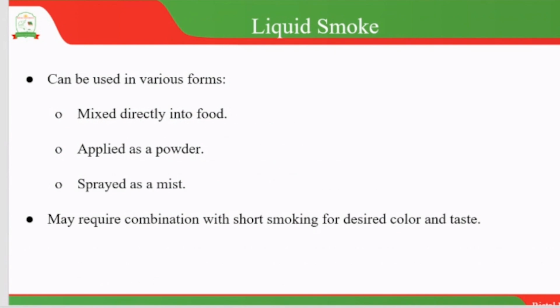And we are saying this may require combination with short smoking for desired color and taste. So this brings us to the end of today's engagement. However, there are different forms, and we could not finish all things to do with the preservation, but this is just a brief of what we are supposed to be looking at.